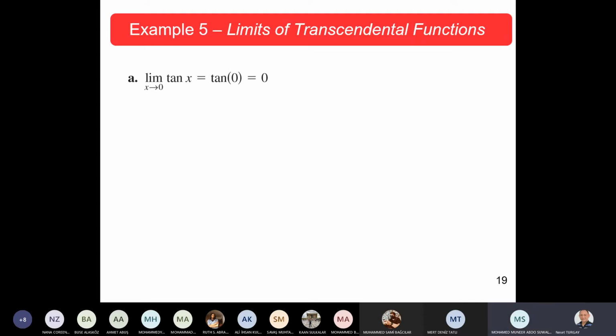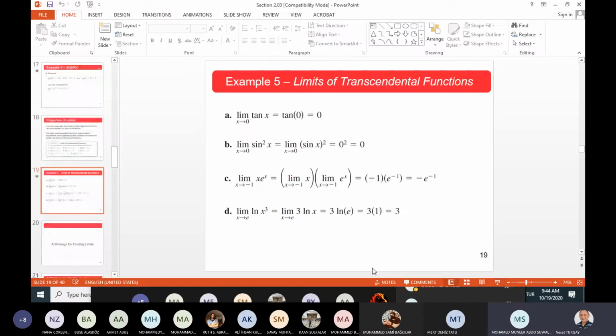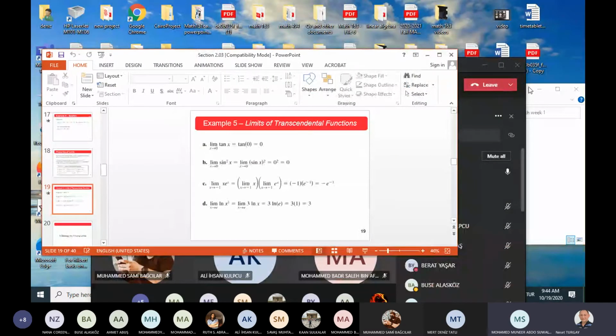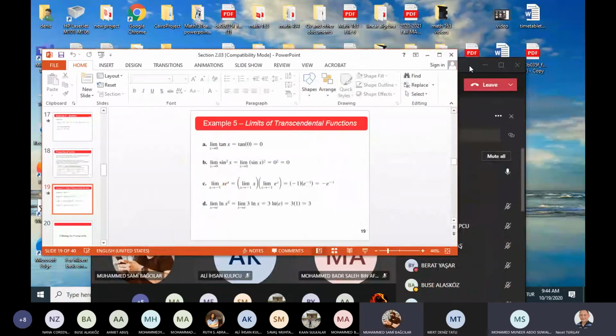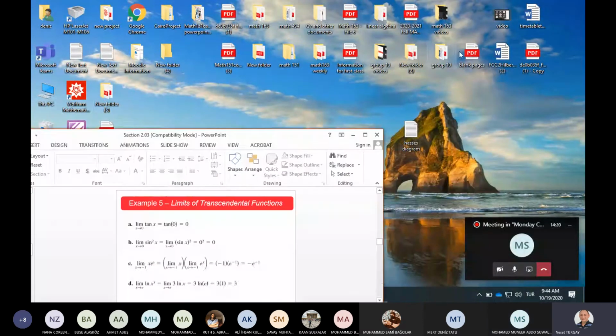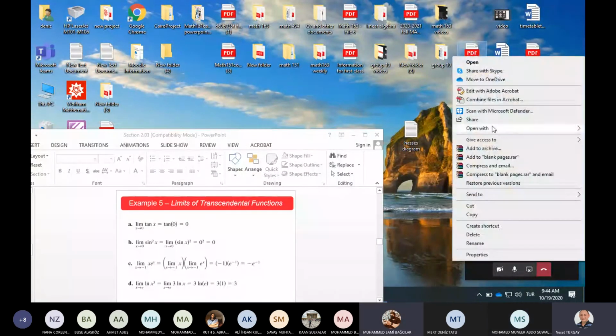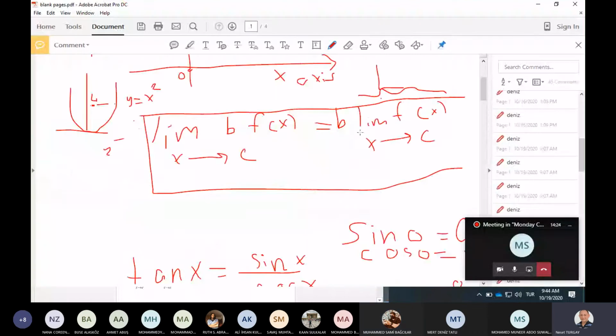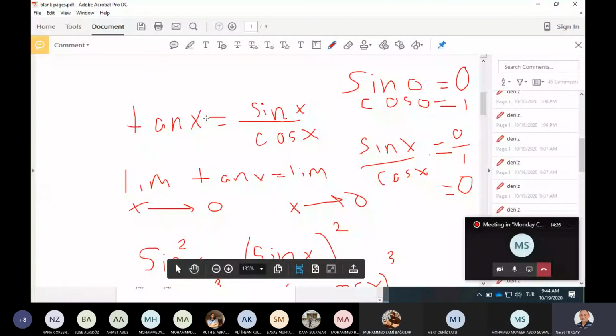Does everyone know why tan 0 is 0? Do you remember? Why is tan 0 equal to 0? Actually, this comes from trigonometric knowledge. Do you know what tan x is equal to? This is sine x over cos x.